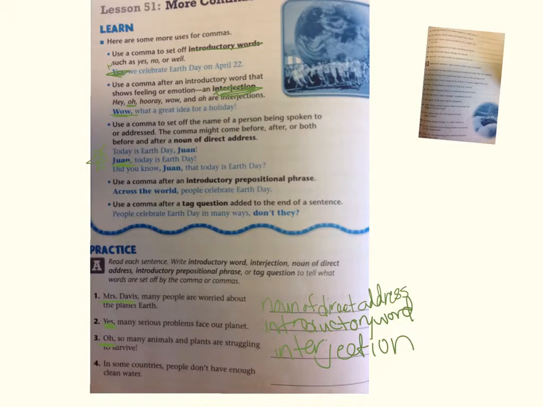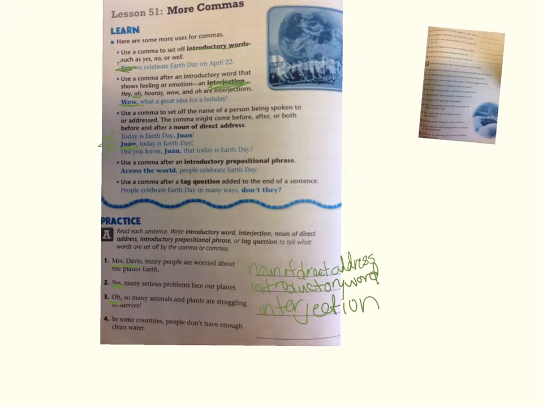And then the last one here, it says in some countries, people don't have enough clean water. And of course, that is going to be your introductory phrase. Just like across the world is the introductory prepositional phrase, in some countries is an introductory prepositional phrase.